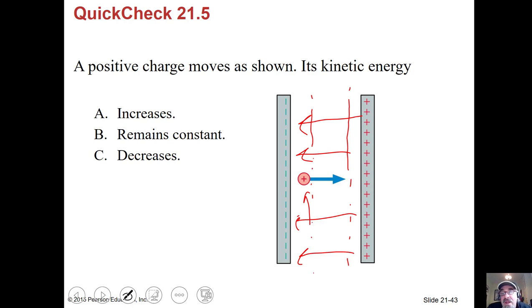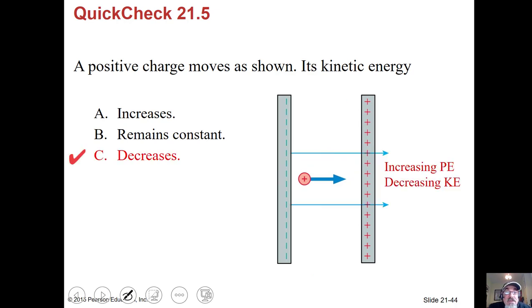Here we're going from a lower voltage to a higher voltage. We're going uphill. That's one way of looking at it. This charge does not want to move to the right. It's happy where it's at. So if it were to move from where it's at over to the right somehow, it would have to slow down. It doesn't want to go there. So the kinetic energy would decrease.